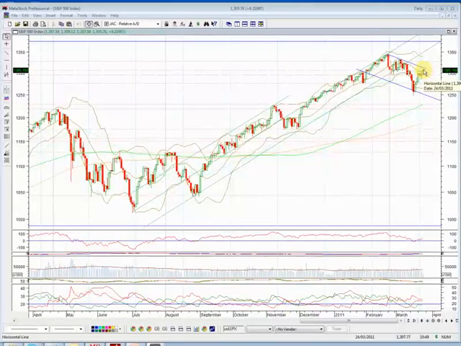My expectation is again for a small range day tomorrow, and next week we will probably decide to trade lower. We need to see how next week will develop. So a lot of things are at play in the market.